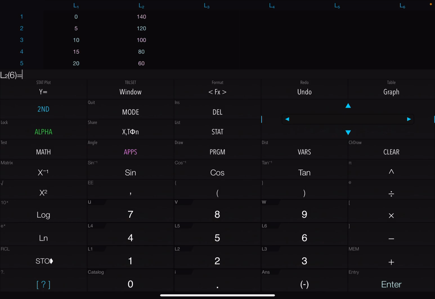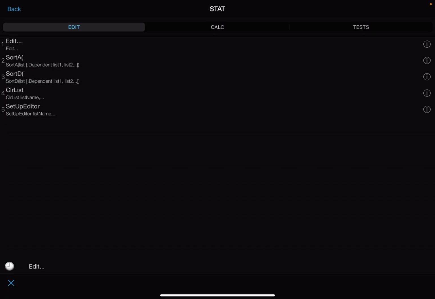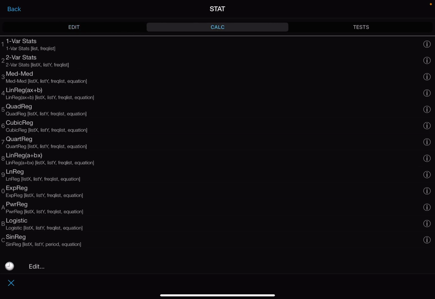Then we're going to go back to stat, which is on the left side, not alpha, not the X, but stat. Since we're trying to calculate an equation, you're going to arrow over to calc. I'm just going to push calc right here, and you're going to get this long list of things with a lot of words.